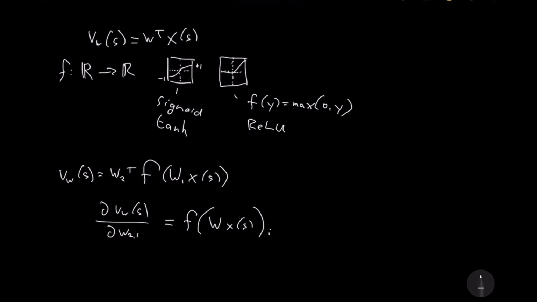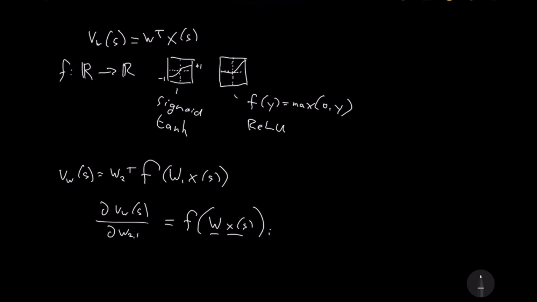So note here that this weight matrix multiplied by the feature vector is a vector, so the output of this is a vector. So f is applied element-wise, and we're going to subscript this with an i to denote that we're taking the ith output here.